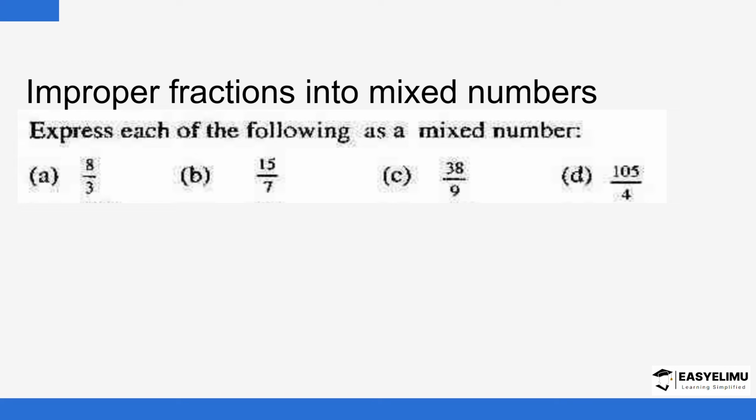So we have these improper fractions which we're supposed to be converting into mixed numbers. Remember, we've discussed the different types of fractions, and we were able to see what improper fractions, proper fractions and mixed numbers are.